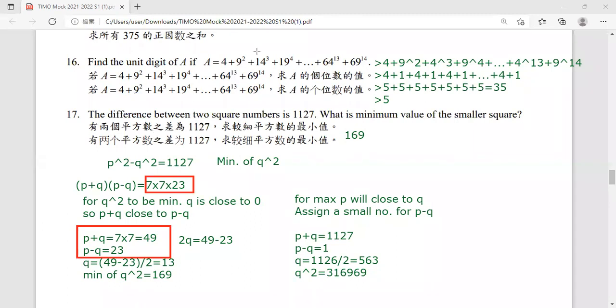Actually, for this, someone asked me how to find the minimum and maximum value for the biggest square. Actually, it's the same method.